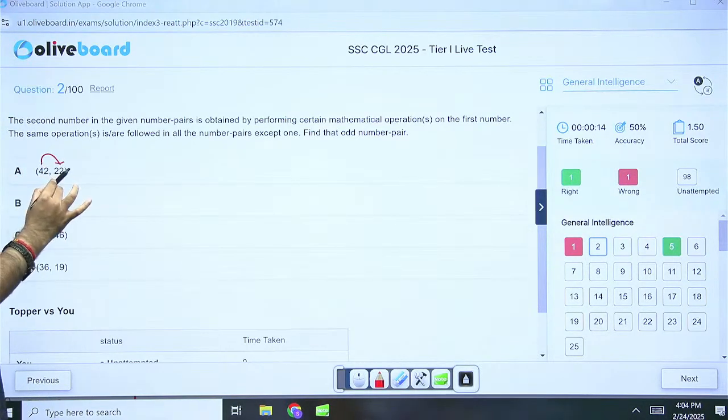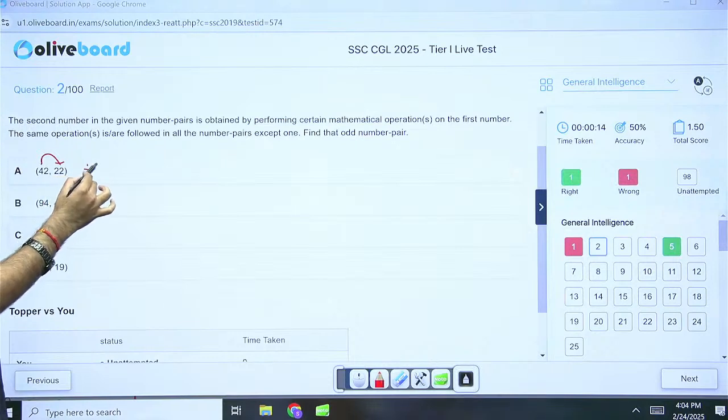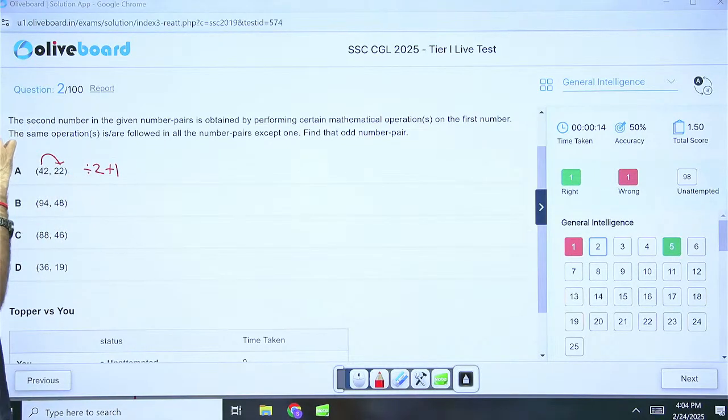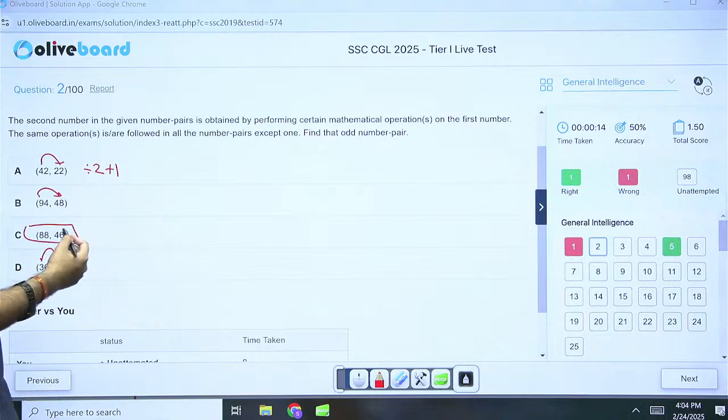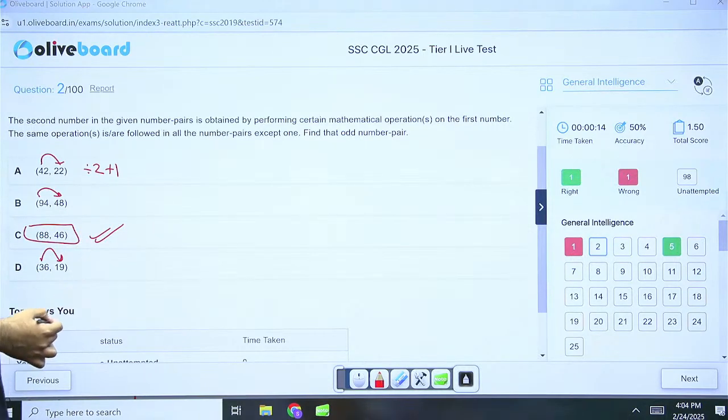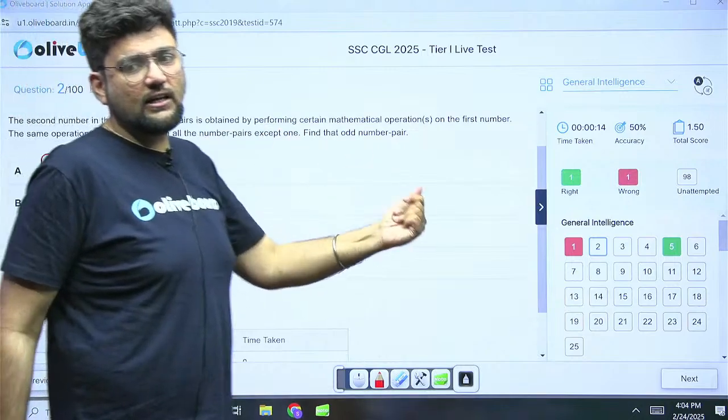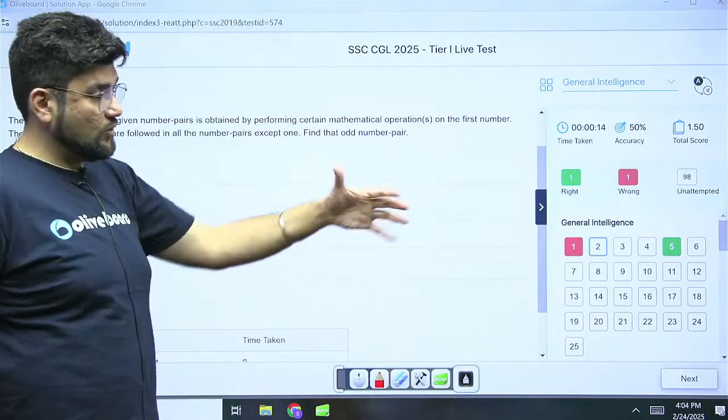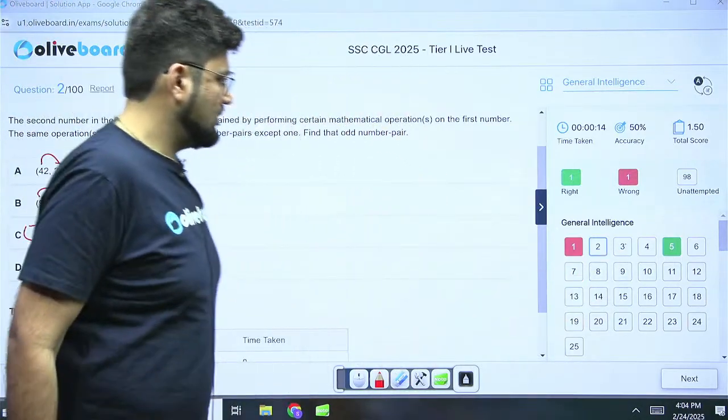If you simply divide by 2, you will get 21, right? And if I increase it by 1, I'll get 22. Check it here. If I divide this by 2, I'll get 47. And I increase this by 1, I'll get 48. If I divide this by 2, I get 18. I increase it by 1, I get 19. But this does not follow, because 88 divided by 2 is 44 plus 2 is 46. So answer becomes option C. Extremely easy questions, guys, and instantly you can get your logic. So this is at par with what is going on these days in SSC, right?